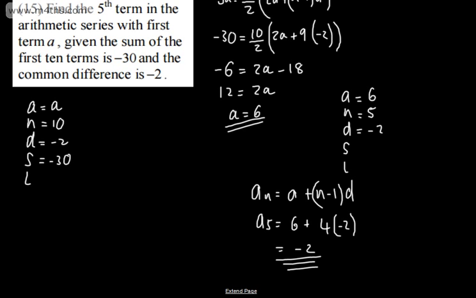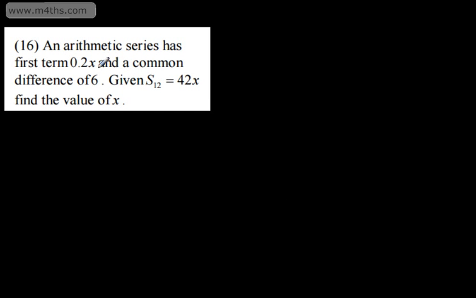Okay, let's look at the next one. Question 16. An arithmetic series has first term 0.2x and common difference of 6. Given S sub 12, so the sum of the first 12 terms, is equal to 42x, find the value of x. So let's collect some information: a, n, d, s and l.